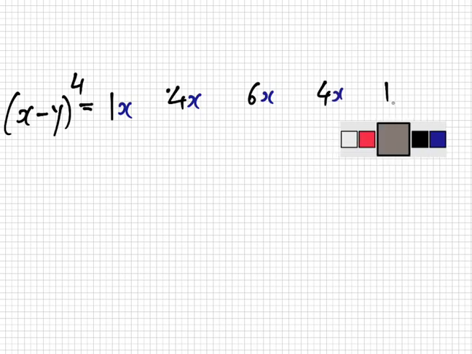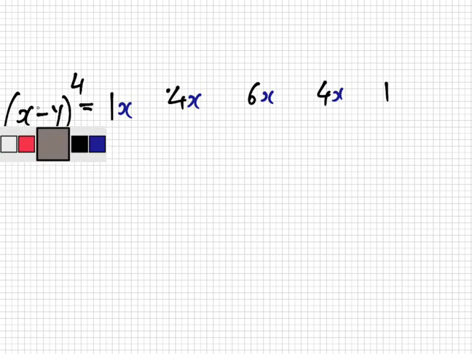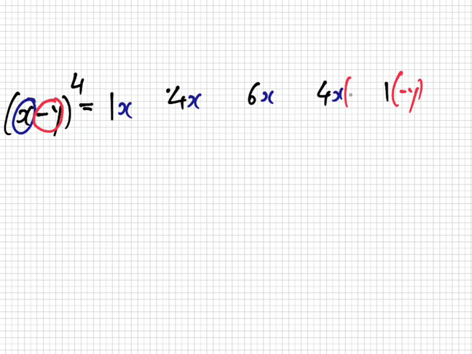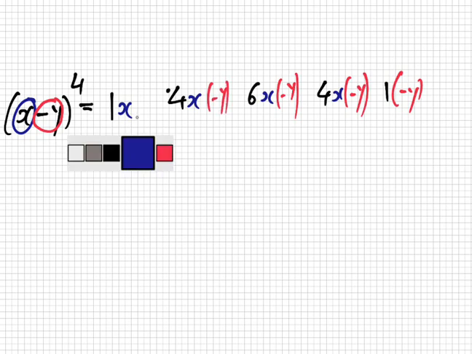And what's different here is, look, first it was x, but the second one is actually minus y. So what you can do is put in here minus y, minus y, minus y, minus y, and nothing here. And these still get plus then. Plus, plus, I'll use a different colour, sorry.